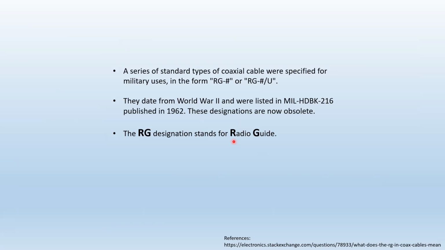So the radio wave you could send over the air, or the radio wave you could send over a cable. So the purpose of this cable was to transmit radio waves. So RG stands for radio guide, for radio waves guide.